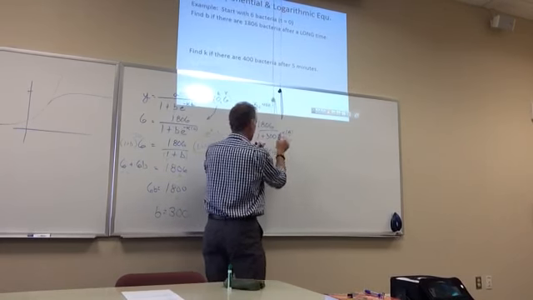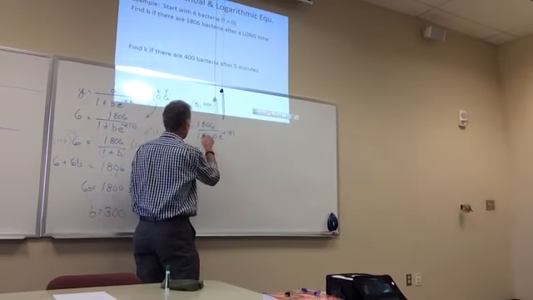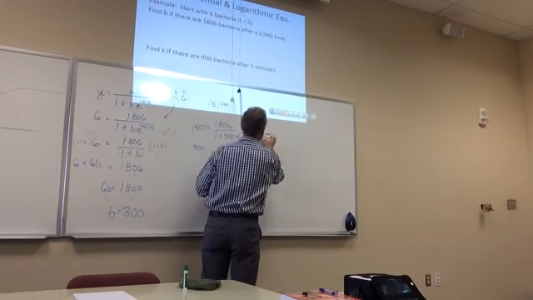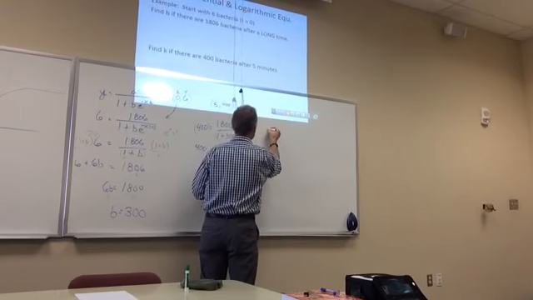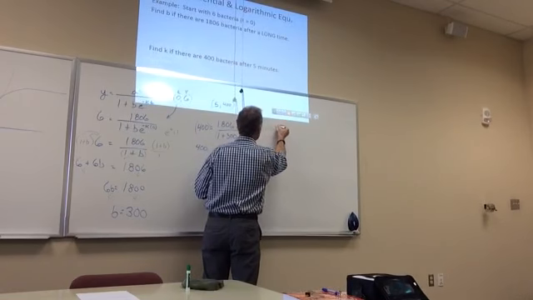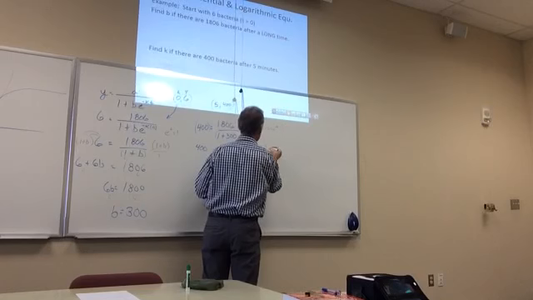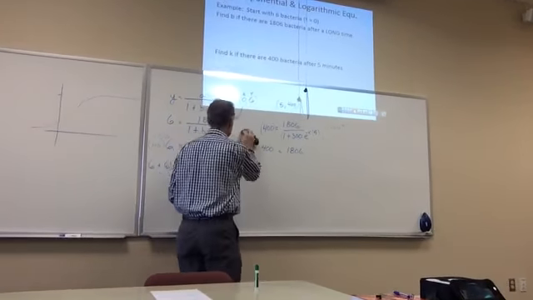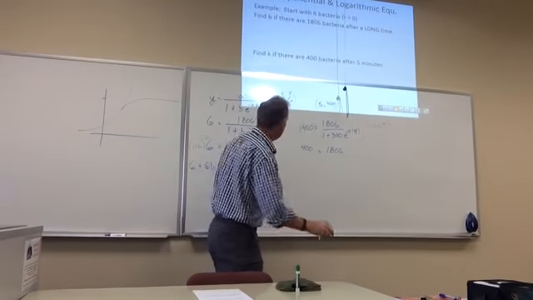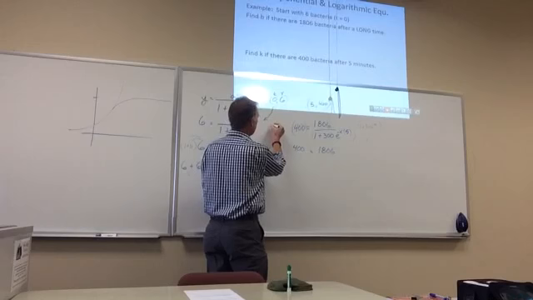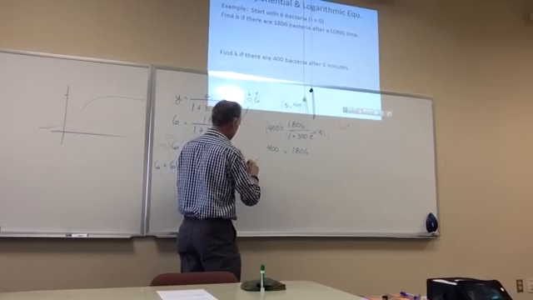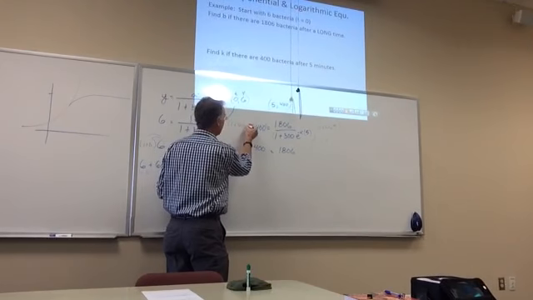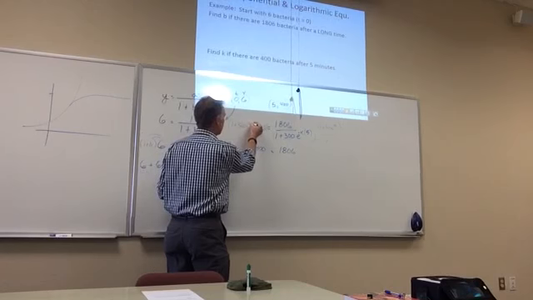Okay, so to get rid of this whole mess here, again, we're just going to multiply by this whole mess, 1 plus 300 e to the negative 5k over 1. And then over here, I don't have quite enough room to do that. So I'm going to multiply this by 1 plus 300 e to the negative 5k.